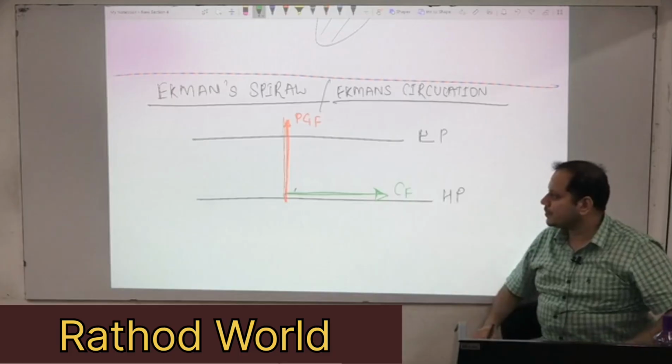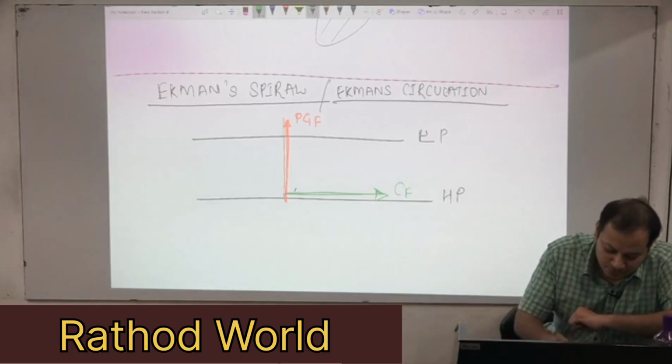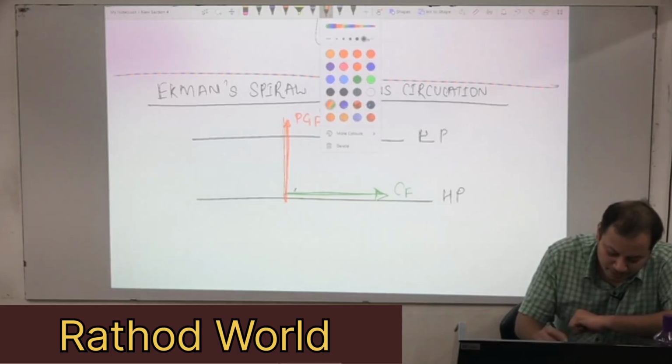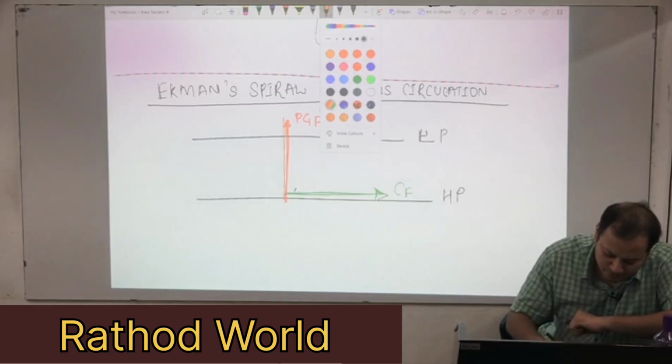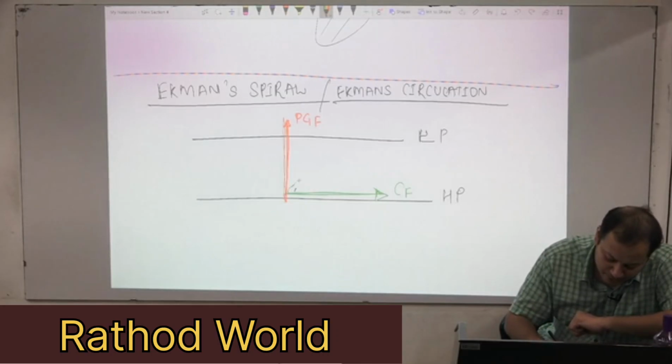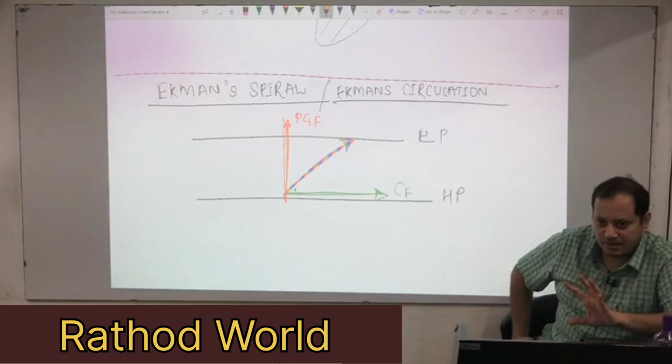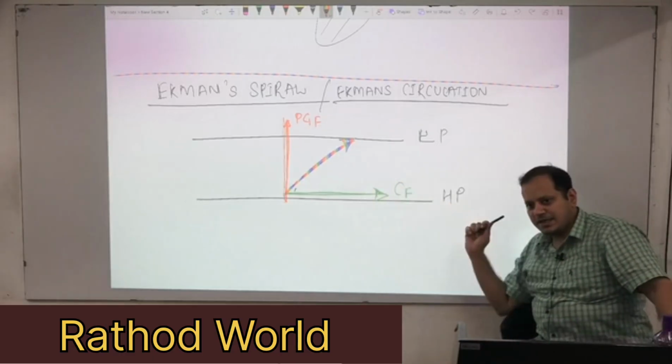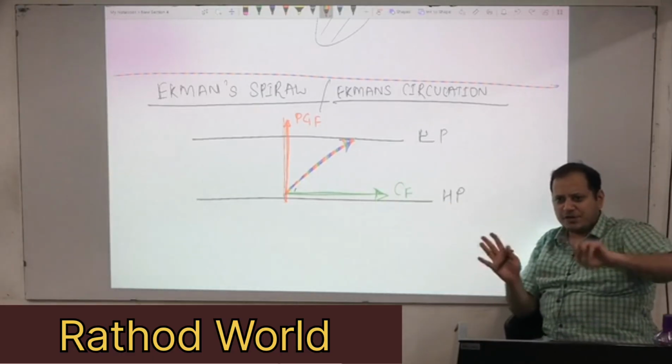Fine? And therefore, दोनों के बीच the direction of the wind will be दोनों के बीच, that is wind may flow from high pressure to low pressure, but somewhat in this direction. This is the direction of the winds. Neither straight, neither in the direction of the Coriolis force, दोनों के बीच 45 degrees में.